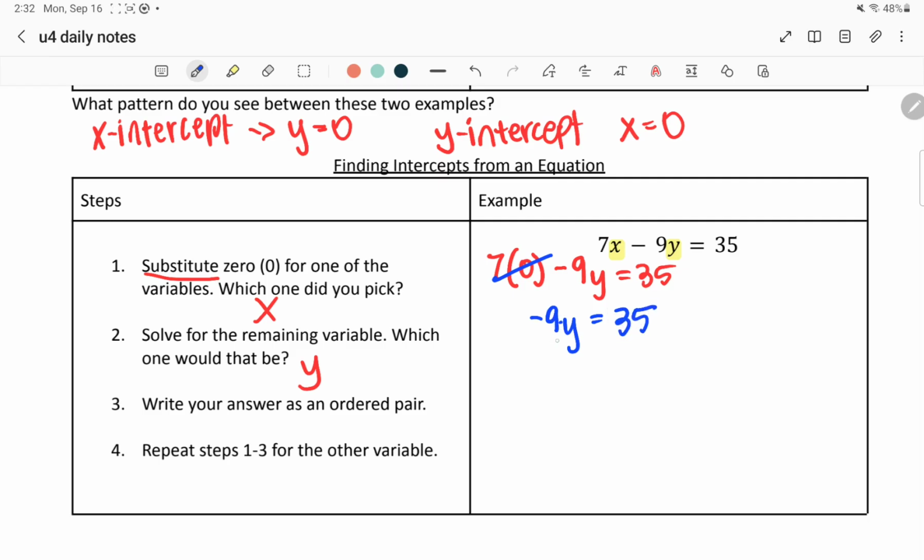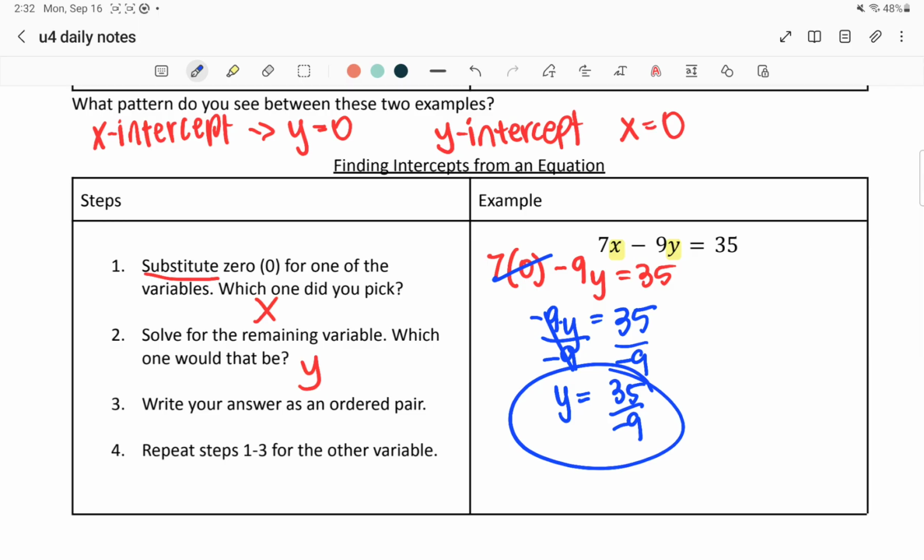Negative 9 is being multiplied by y, so I'm going to divide by negative 9. I'm going to get y equals 35 over negative 9. If you put that in your calculator, you will get a decimal. That is okay. That is your answer. Fractions are perfectly fine, okay?